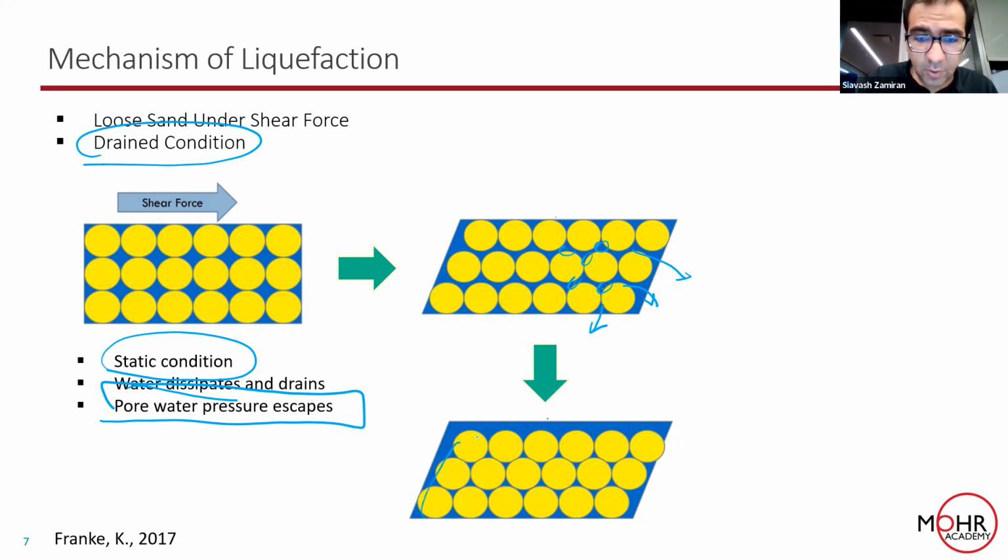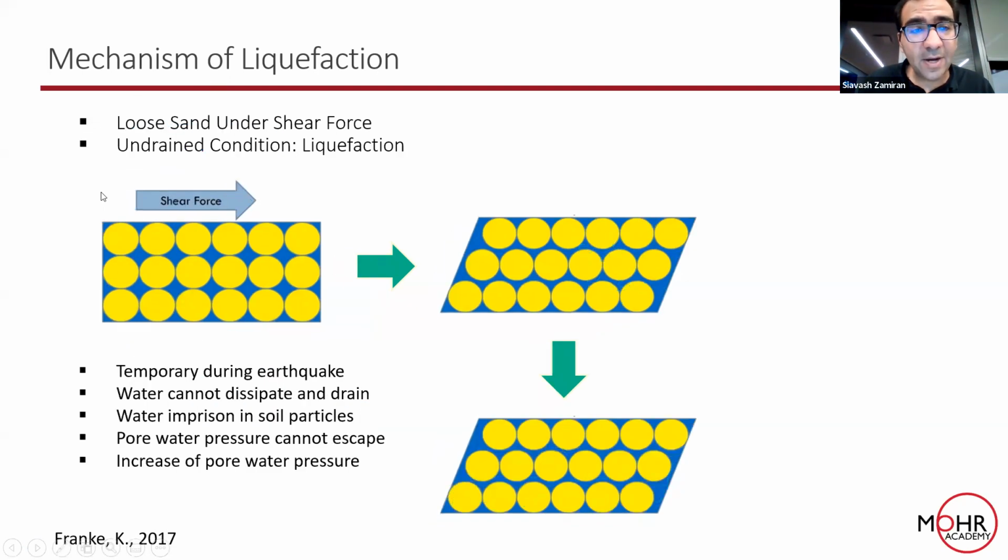Eventually the soil will be more compact, the water will be drained from the soil, and we don't see any excess pore water pressure in the system. In other words, the pore water pressure escapes and is released. That is the mechanism of a sand layer under shear forces in the drained condition.